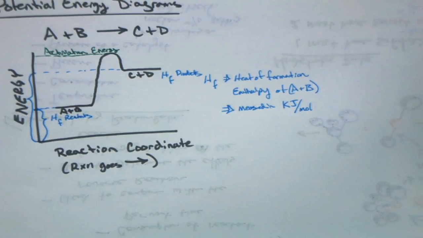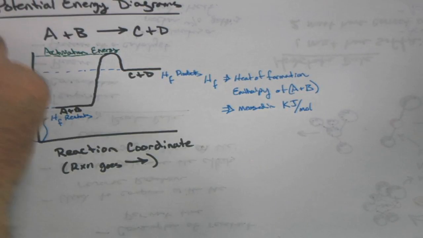This total height is it. So this is the amount of energy that is contained in the, what, Joseph? The activated complex, right.